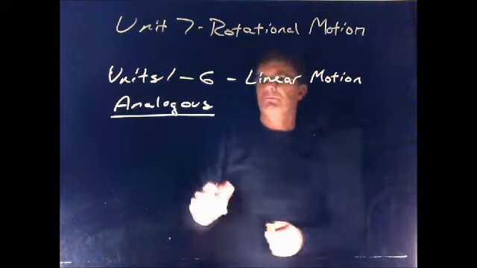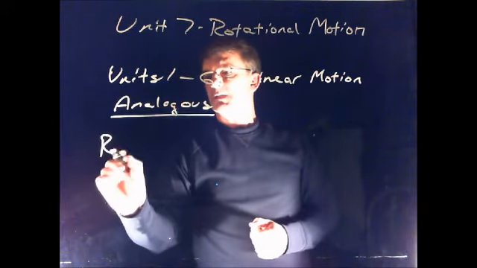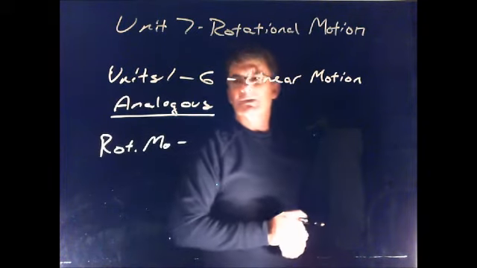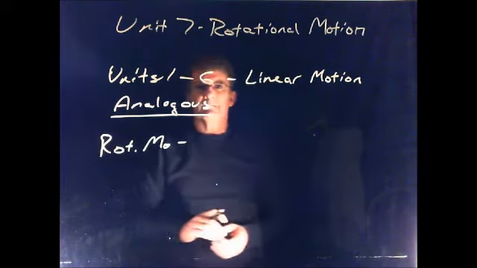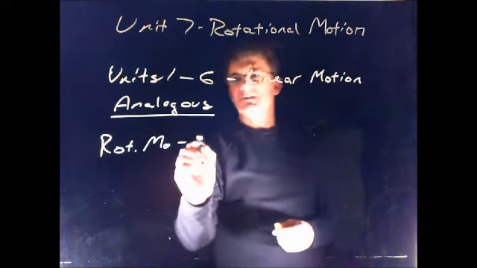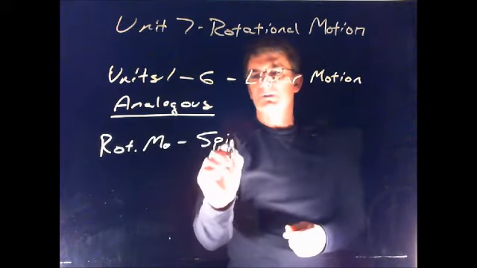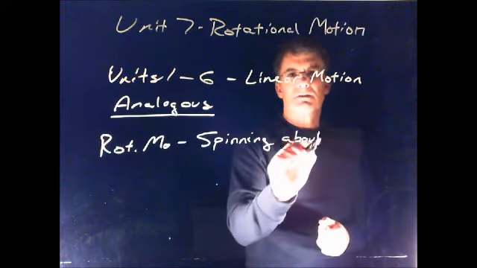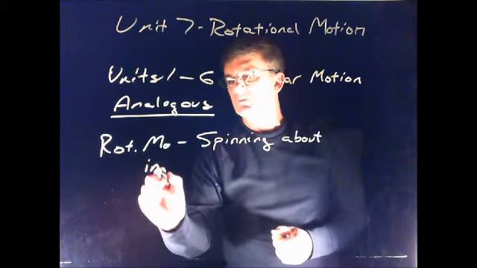So let's define rotational motion. I tend to get real lazy and I write it as ROTMO. Basically, the object is spinning about an axis, about an internal axis.